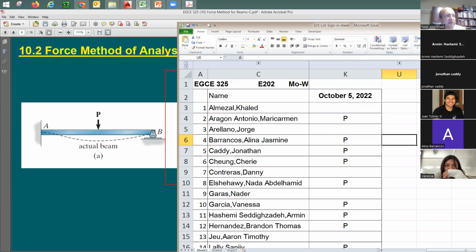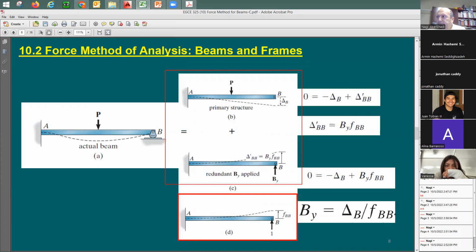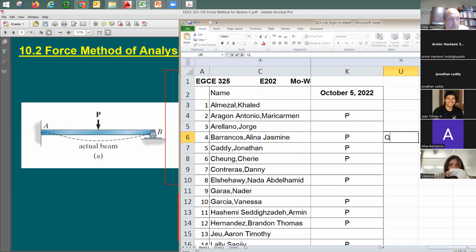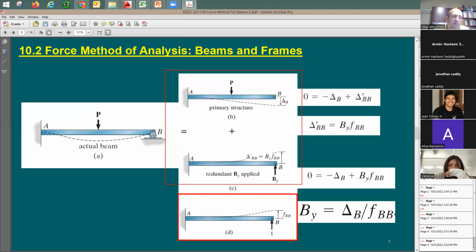Can you answer my question, please? Is this determinate or indeterminate? Determinate. Why? How come it becomes determinate now? I thought that this is indeterminate. Is this determinate or indeterminate? Indeterminate.